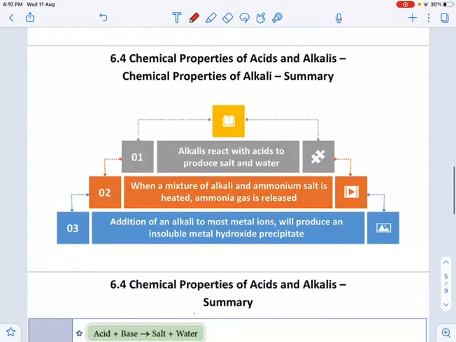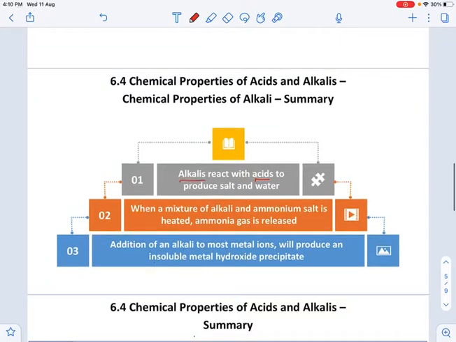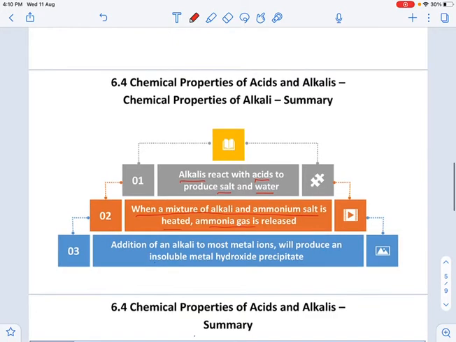As the conclusion, the first chemical property of alkali is that alkali reacts with acid to produce salt and water. Second, when a mixture of alkali and ammonium salt is heated, ammonia gas is released, which turns red litmus paper blue.